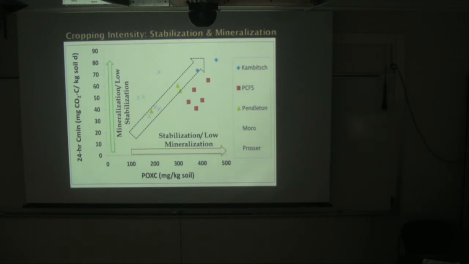For example, for an organic system, it may be desirable to increase mineralization. What practices are effective at doing that? So this represents the significance of combining these two soil properties and the information that can potentially provide about the soil.